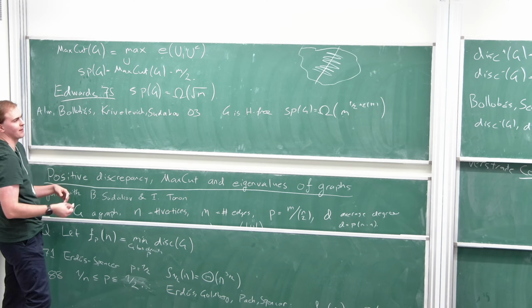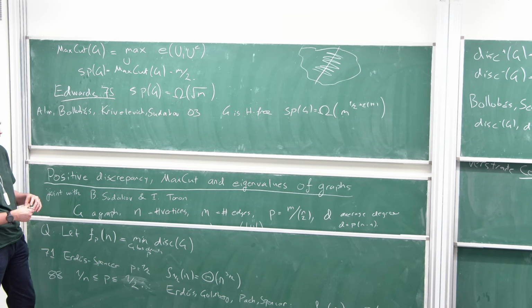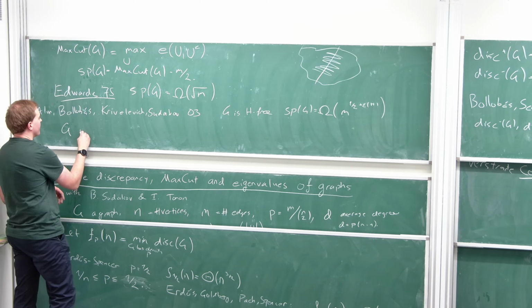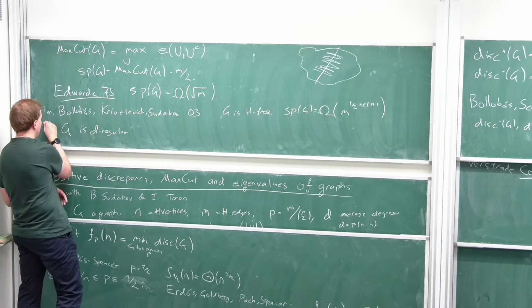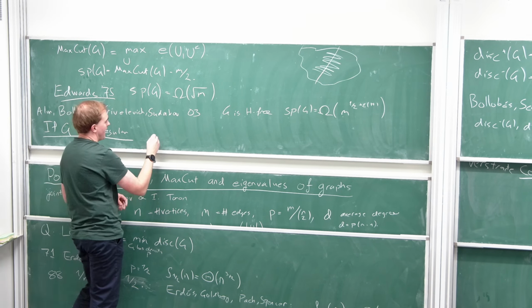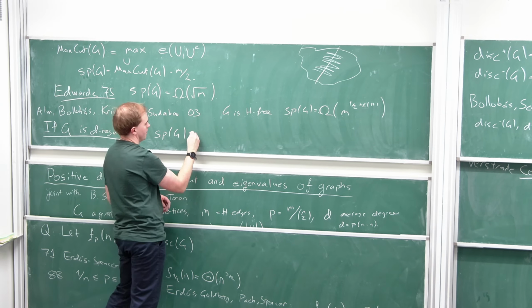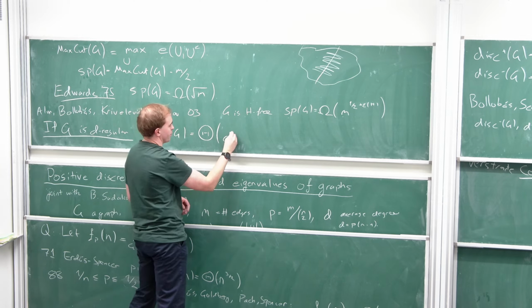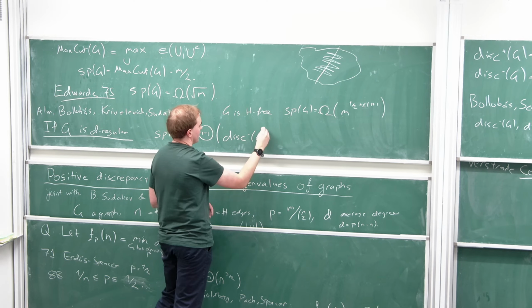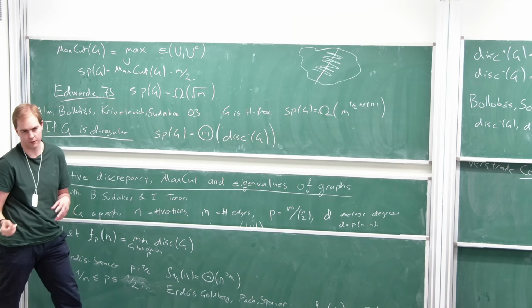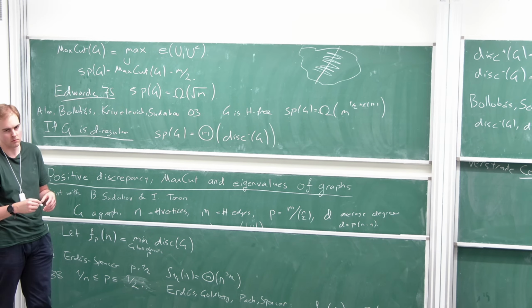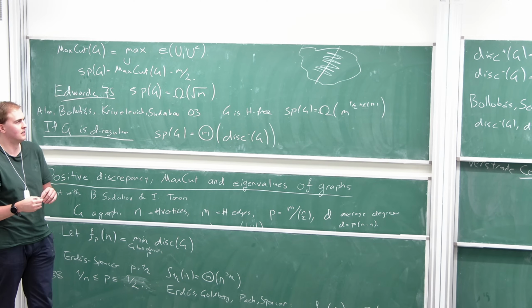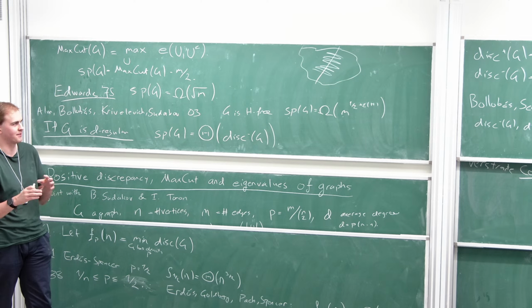And how does this relate to discrepancy? Well, if G is d-regular, then the surplus matches the negative discrepancy up to a multiplicative constant. So bounds on negative discrepancy imply bounds on surplus and vice versa. There is also a notion called sparse cuts, but there one has to be a bit more careful.